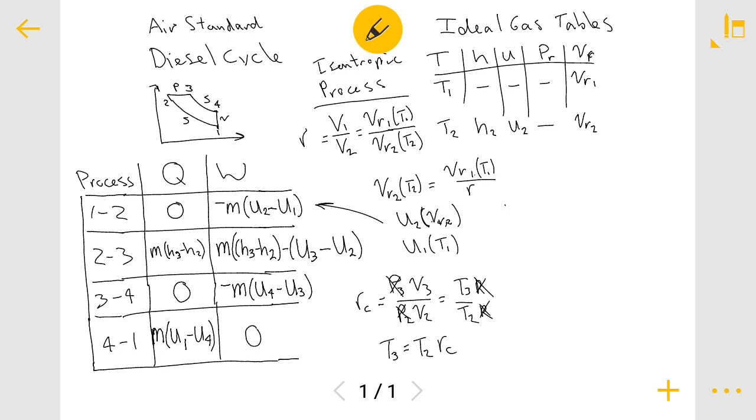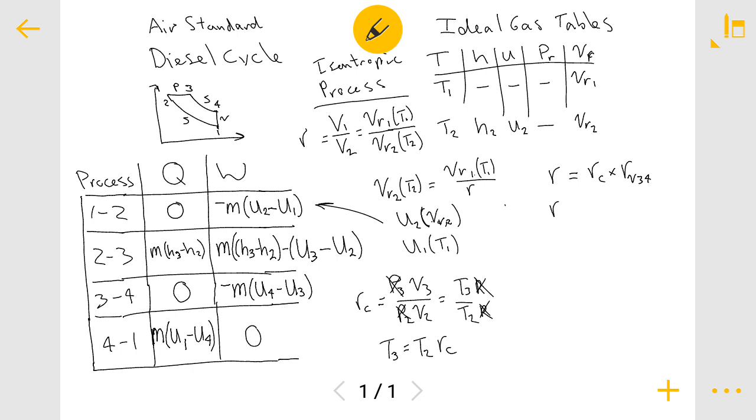And we move on to T4. For T4, we're going to follow the same process that we did for the first one. So what we need is to know what that ratio of volumes is. The compression ratio is called R, and it's going to equal the product of all the expansion ratios. So we have RC times, let's call this RV34.